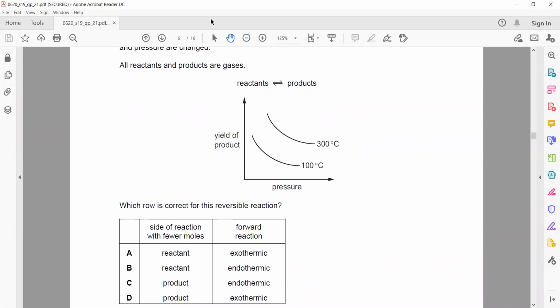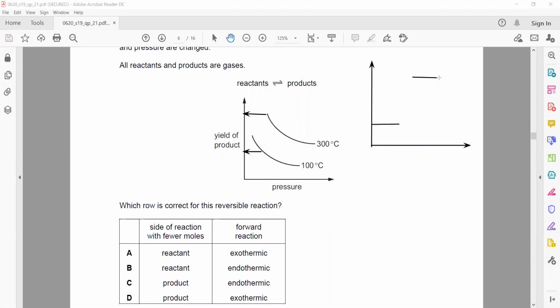Look, first thing, when you compare the temperatures, this is a graph for 100 and the other graph is for 300. At which temperature are you getting more product? Yield of a product means amount of product. Higher temperature. So when temperature is high, you're getting more product. It means reactants have less energy and the product has more energy.